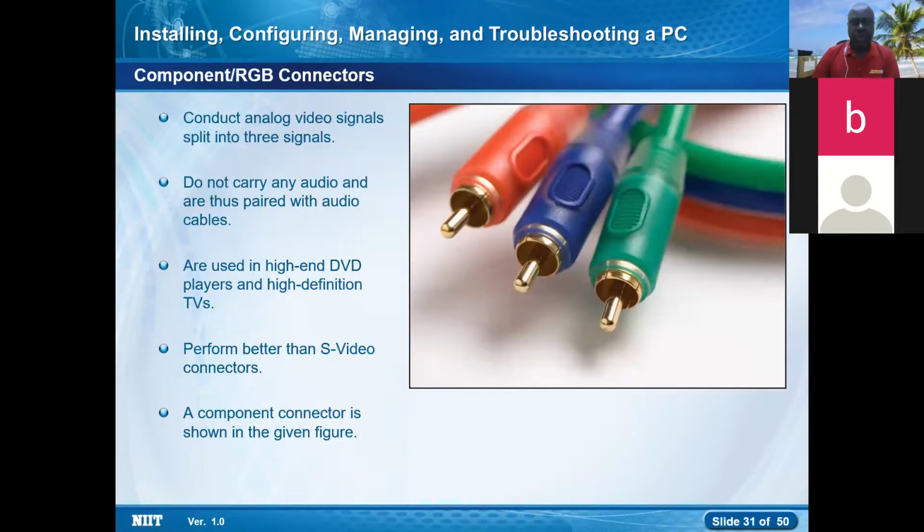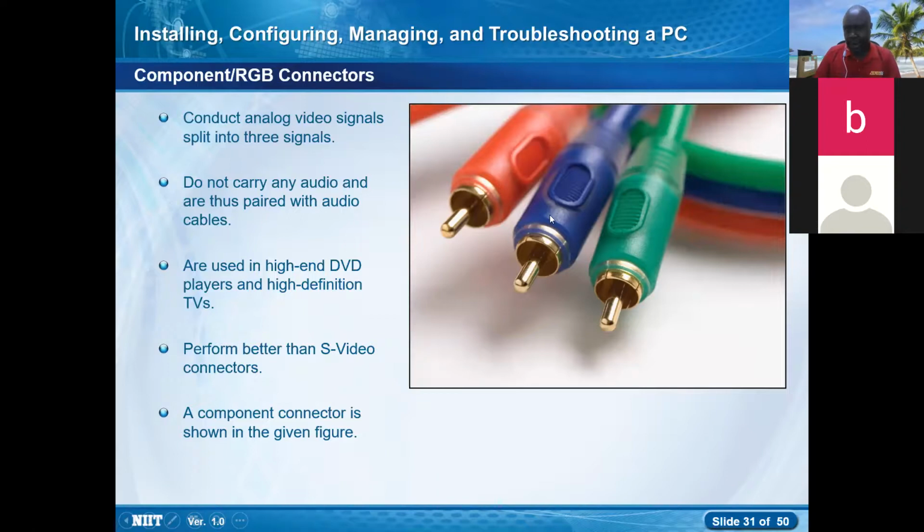The other type of connector that you may come across is the so-called RGB connector. This connector consists of three cables. And I think I mentioned last time, you can see the colors.